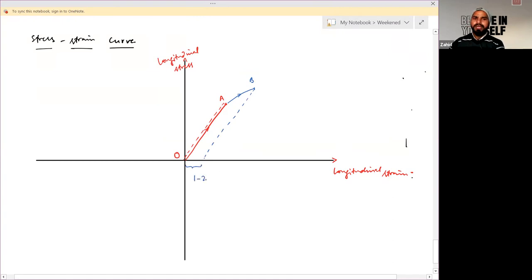It will be about 1 to 2% of its total length, and that is termed permanent set or permanent deformation in this body. Is it clear?